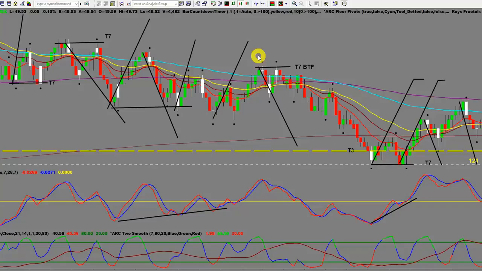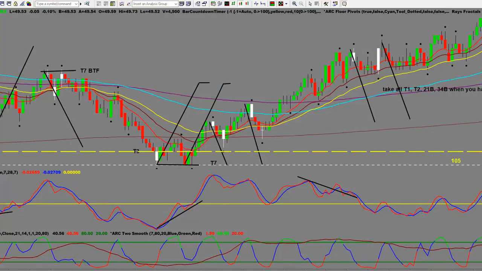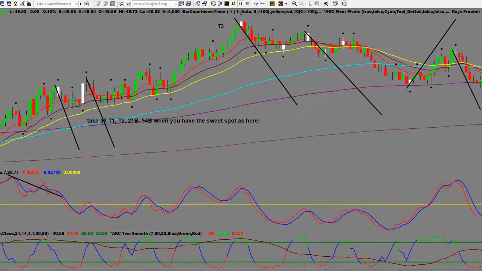But the bottom line, traders, was you were still well and truly up, but missing out on a lot of those other really good 34Bs and the other trades. What I'm trying to say is if you still took every one 100% mechanical, you still had a really nice winning day.